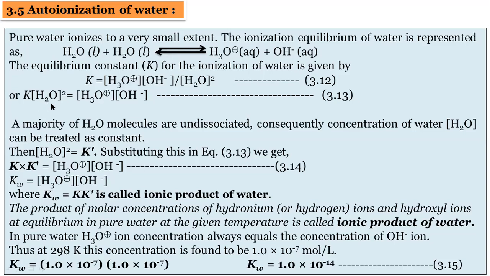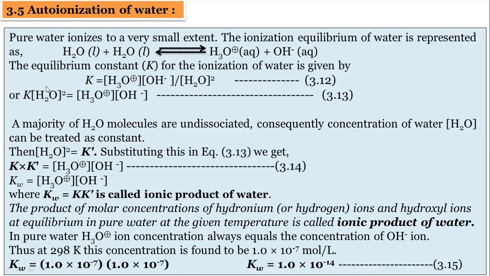So again a new constant is written, K dash. This is K dash, it is the concentration of H2O square because majority of water molecules are undissociated, so it is taken as constant. So concentration of H2O square is denoted as K dash.